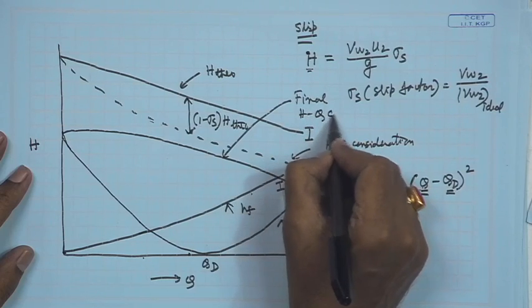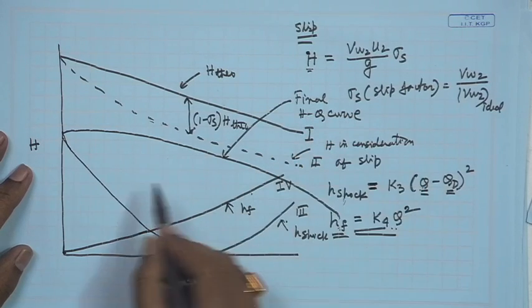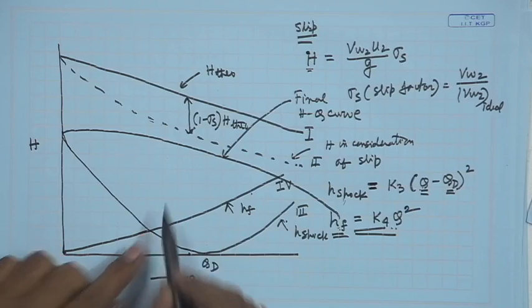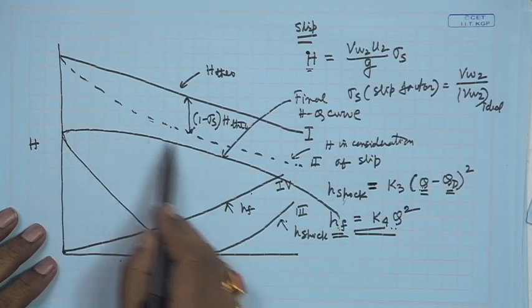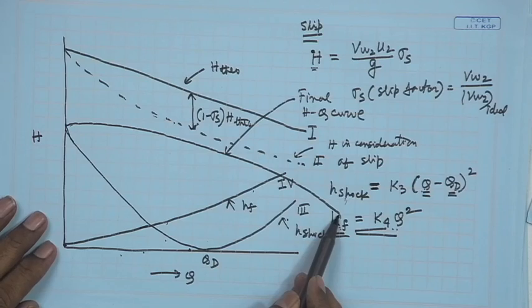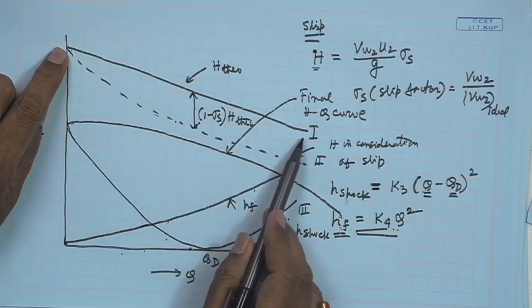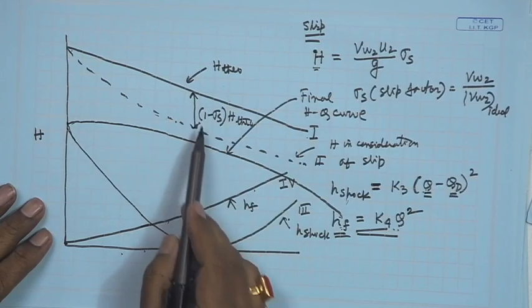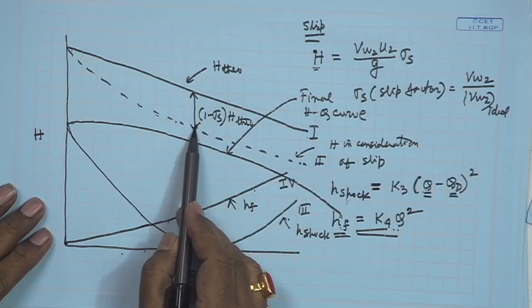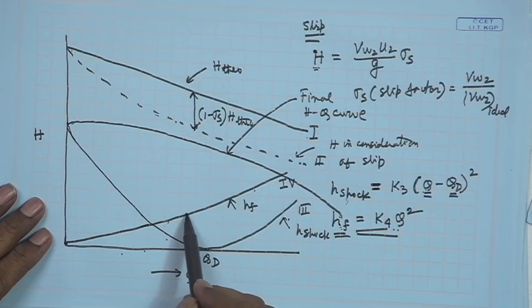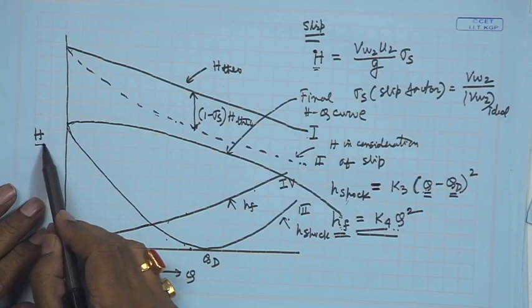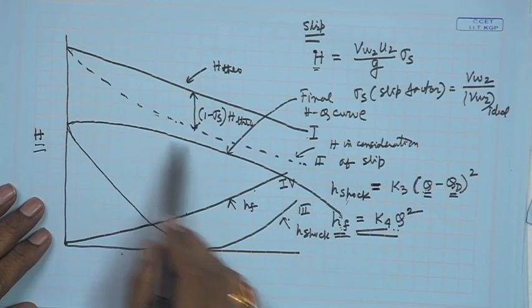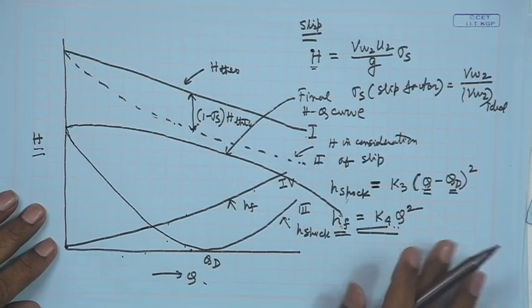You get this by subtracting these two from this head at each and every flow rate. So, finally, this is the HQ characteristics, which comes from a theoretically linear one in consideration of slip, shock and friction in steps, so that one can draw. And this way you will see that the relationship of HQ looks like this in a centrifugal pump.